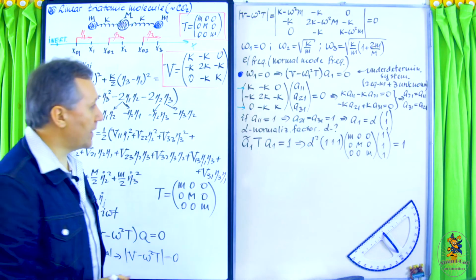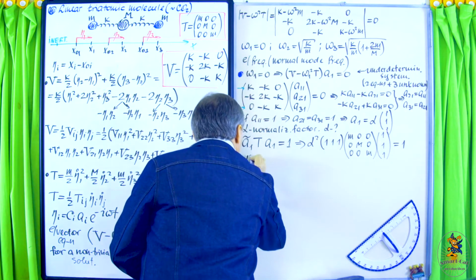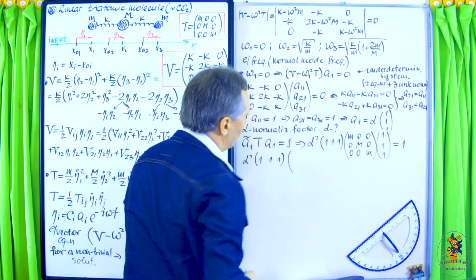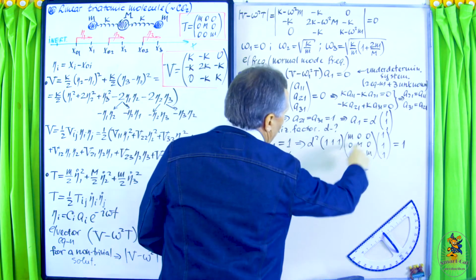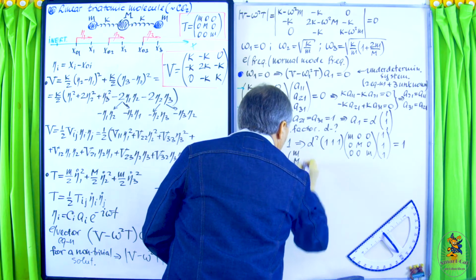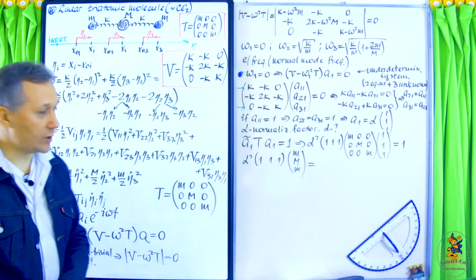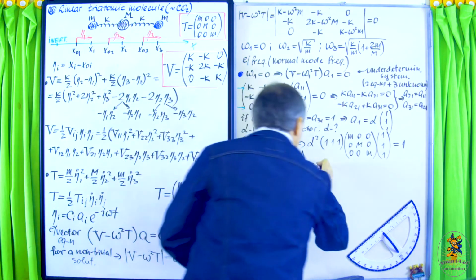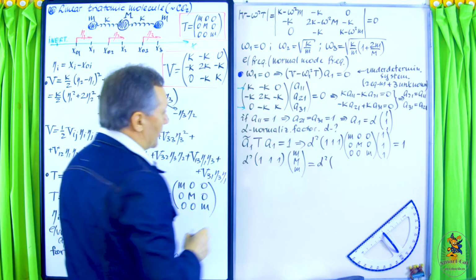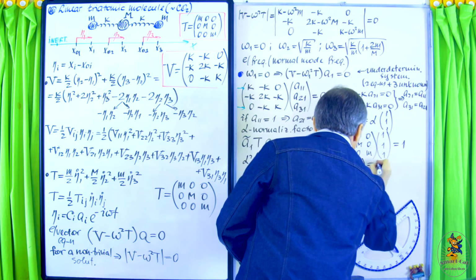Okay, we can easily multiply that. So it will be, let me write one more line, 1, 1, 1. And here we're going to get a column of M capital, M small, M small. Right. And now if we multiply them, you will get alpha squared times (2m small plus m capital), and it must be equal to 1.